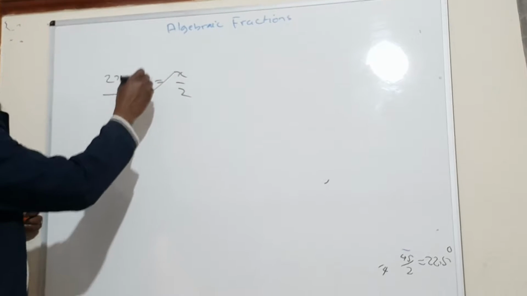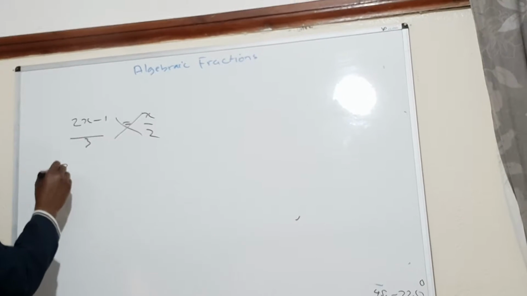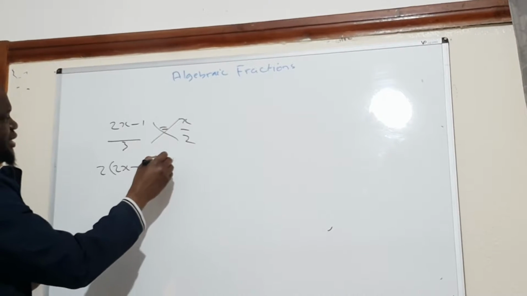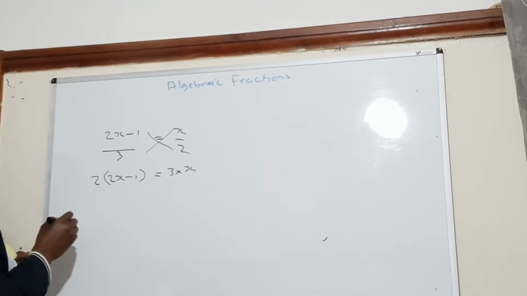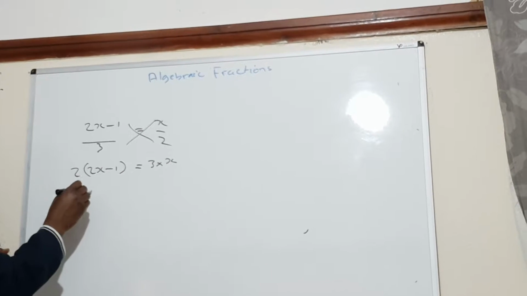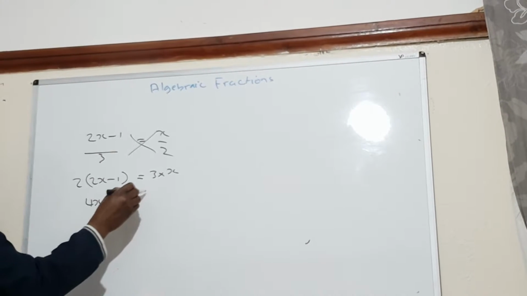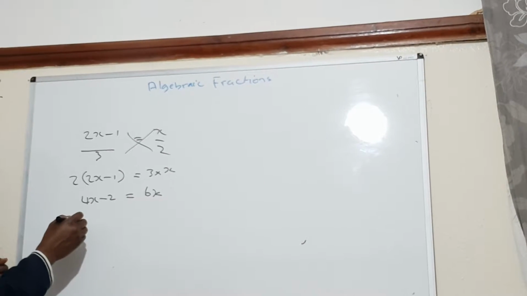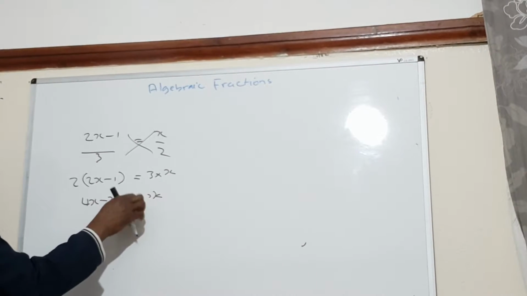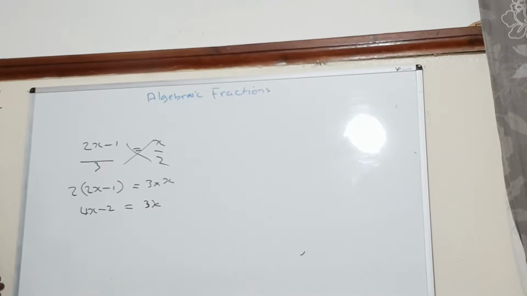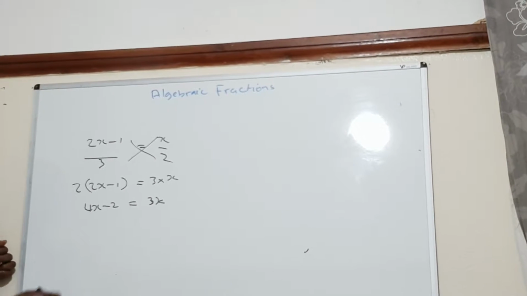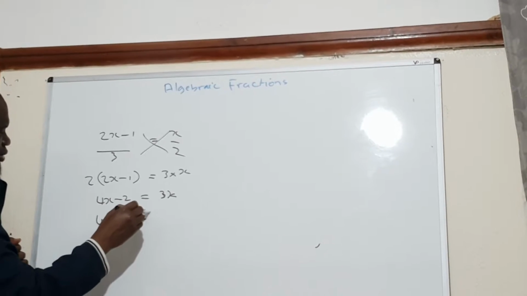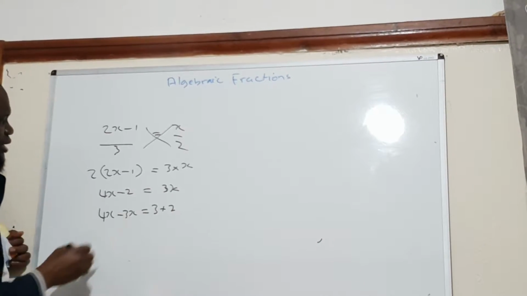Okay. Cross multiply it. So this will be 2 into 2x minus 1, and this will be 3 times x. So you see, this will be 4x minus 2 is equal to 6x. Move both sides, 3x, sorry. So 4x minus 3x is equal to 3 plus 2.